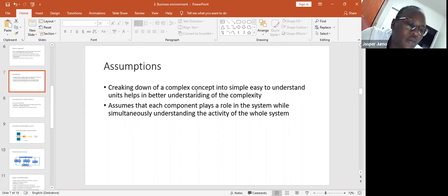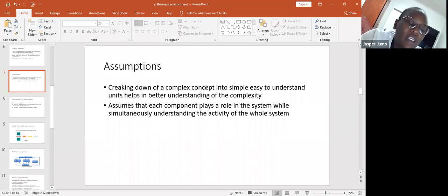Then it also assumes that each component plays a role in the system, while understanding the activity of the whole system. So whatever subset is within an organization, it will be playing its role towards the whole of the organization.